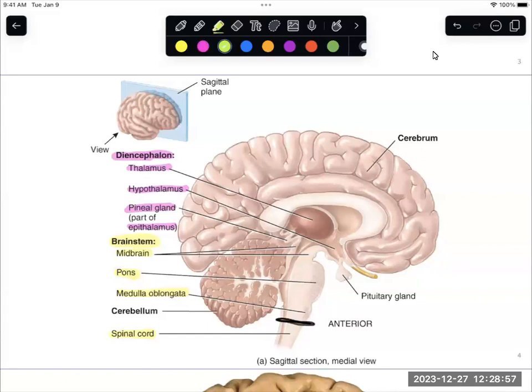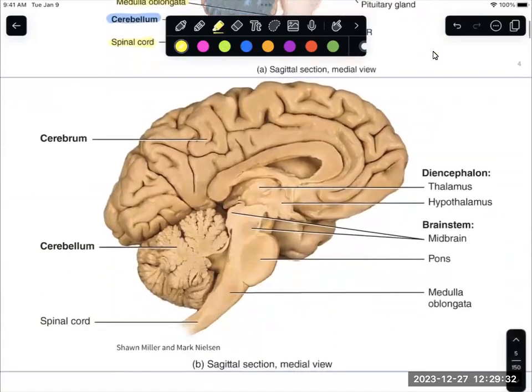The cerebrum is this entire area through here. This is all the cerebrum. And then we have our cerebellum, this portion in the back. Behind the brainstem is the cerebellum.